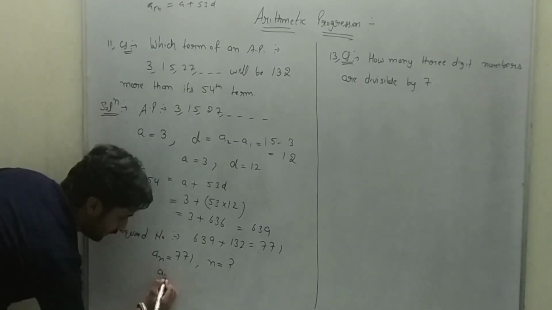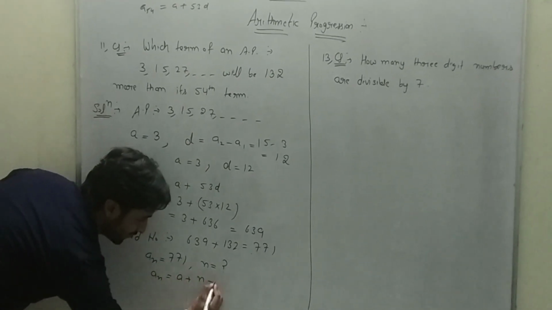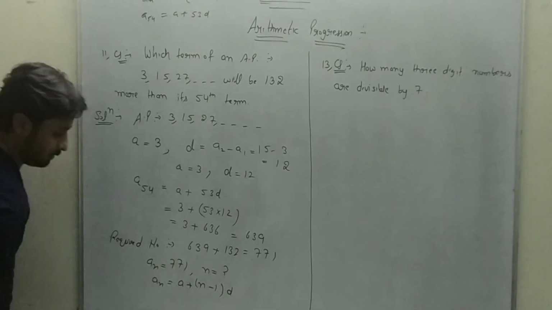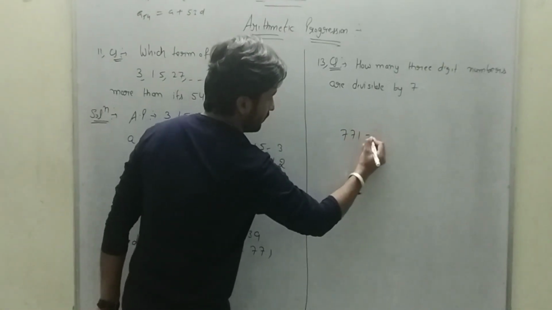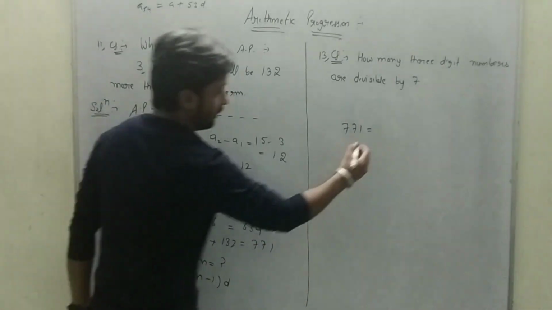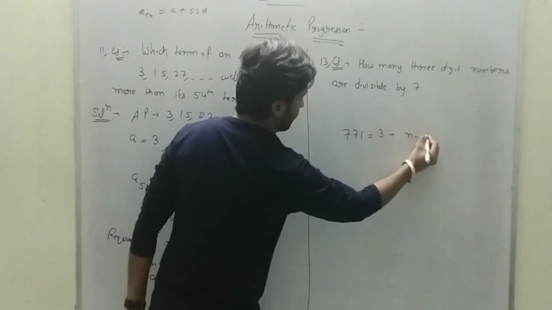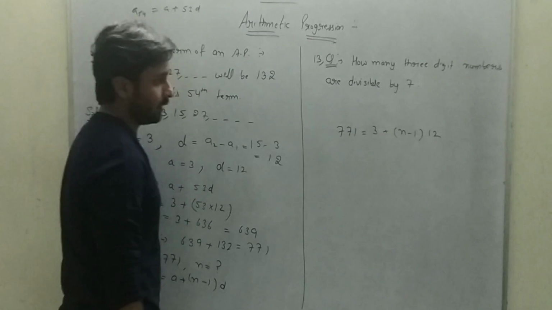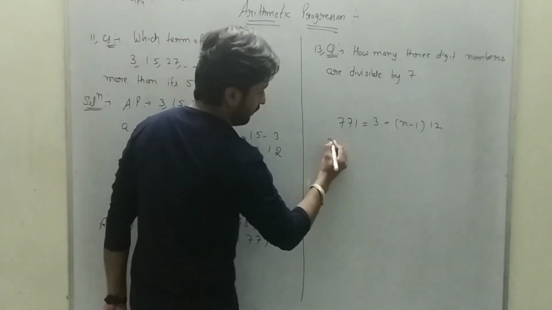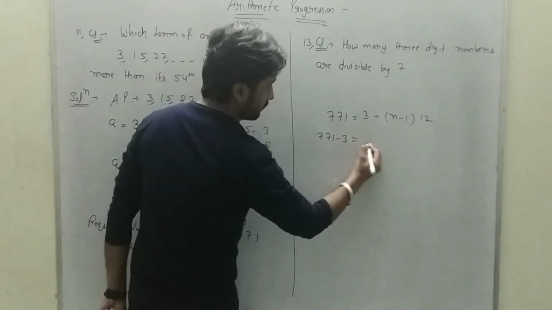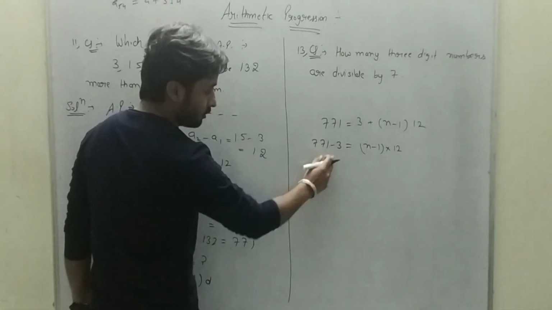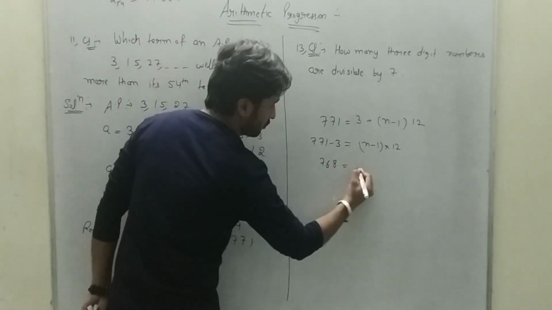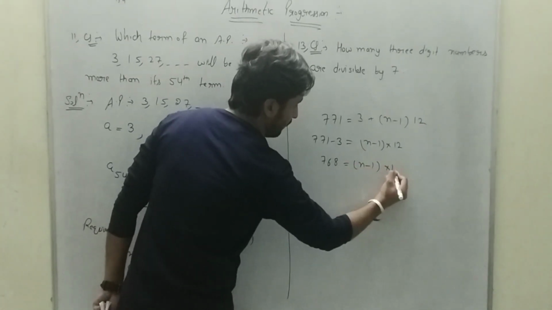So what is an? an is a plus (n minus 1)d, right? an is 771, I'm writing here. 771 is equal to a, which is 3, plus (n minus 1), d is 12. First we will take 3 across: 771 minus 3. This will be 768 equals (n minus 1) into 12.